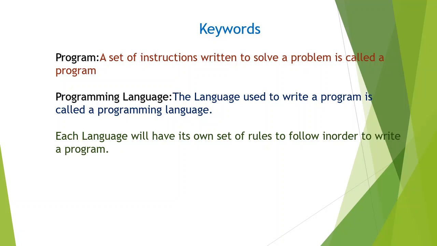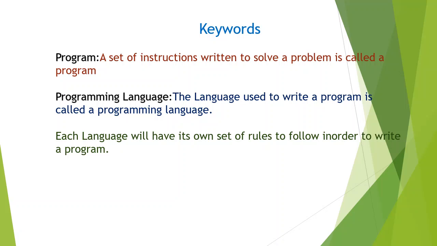Students, you know many kinds of programming languages, right? You'll be knowing C, C++, Java. These are all different kinds of programming languages. As we have the English language, generally we speak in English, right? English has grammar.